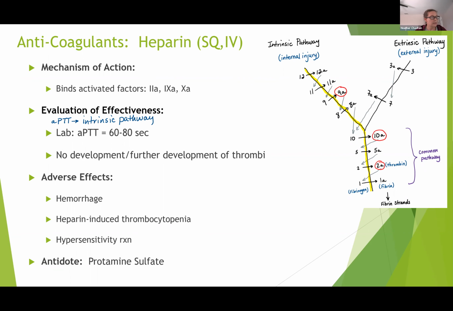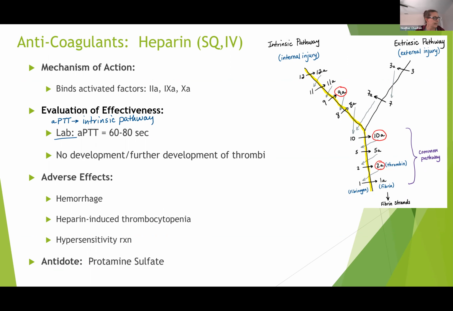So therapeutic for lab, we want an APTT of around 60 to 80 seconds. Remember, a normal PTT is 30 to 40 seconds. So a therapeutic PTT is 60 to 80 seconds. Our goal is to have no development or no further development of a thrombi.